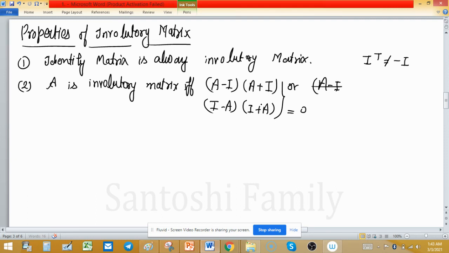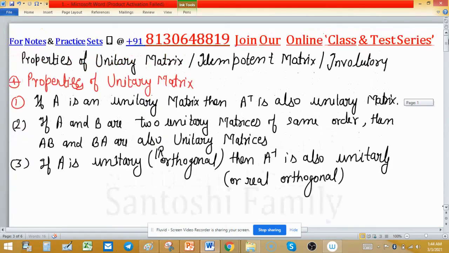This looks like A square minus B square, the product of a sum and a difference. If their product is 0, then we say this is an involutory matrix. These are a few properties related to unitary matrix, idempotent matrix, and involutory matrix.